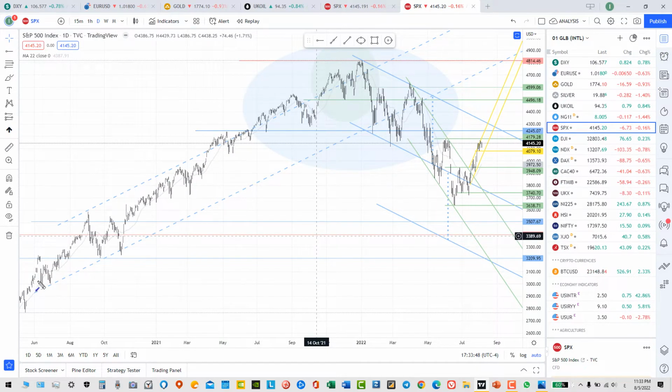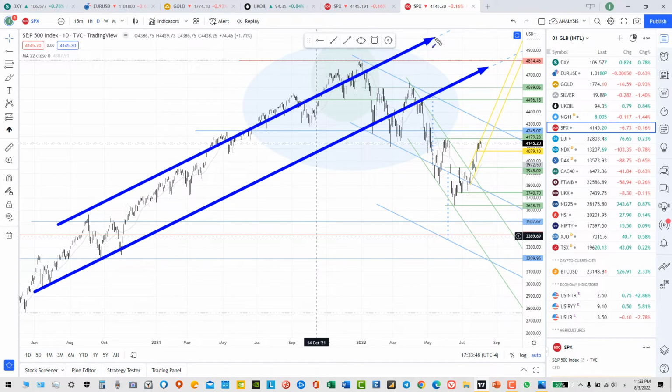First of all, the index was once upon a time in an uptrend over the long term, and this was identified over the weekly chart, but later on it started to drift sideways.